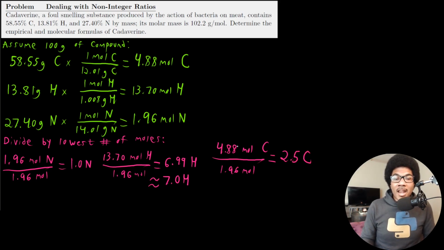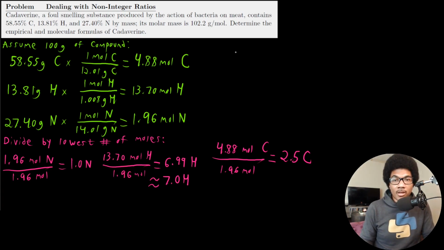Now, if you round this to 3, you'll be committing a mathematical cardinal sin. You cannot safely round this number up or down to anything. It's 2.5. It's in the middle of 2 and 3. We can't round that like we could round this one. It wouldn't be mathematically safe to call this 3.